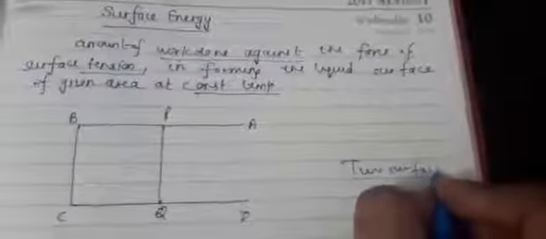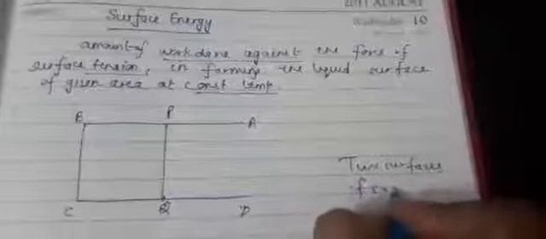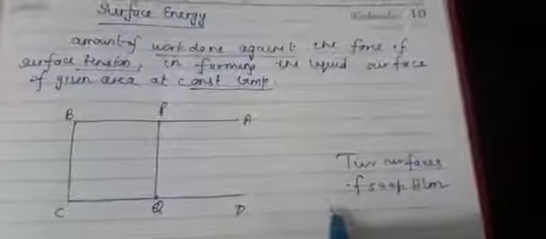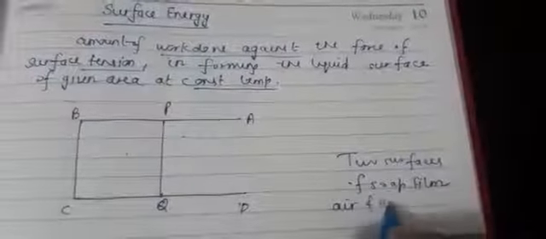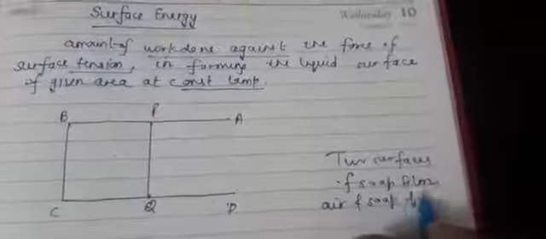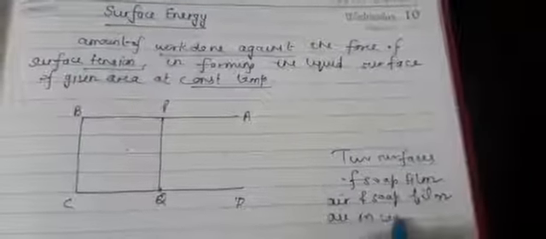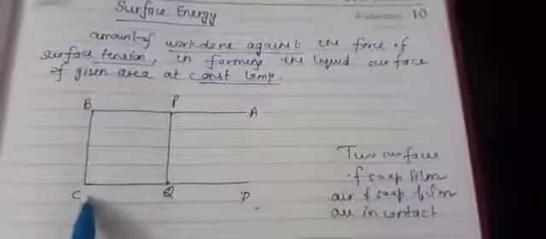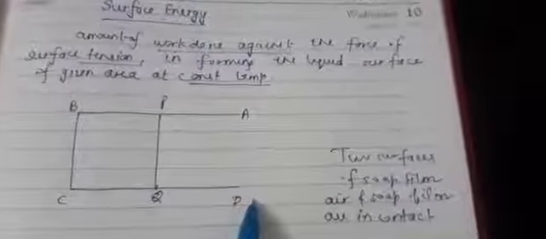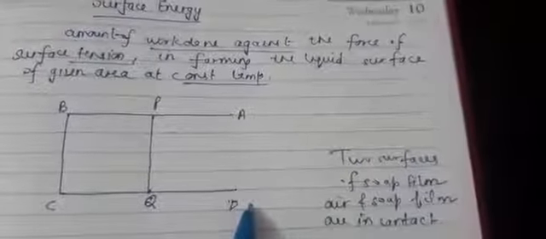surfaces of soap film, where air and soap film will be in contact. So as we are dipping this rectangular frame into the soap solution, two layers will be formed where air and soap are in contact.